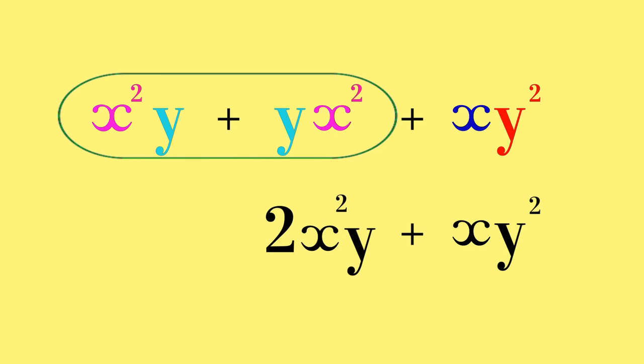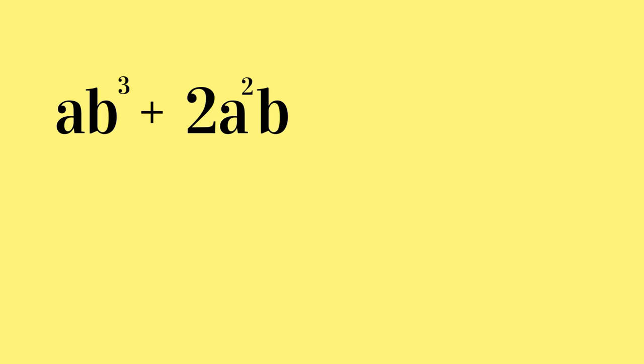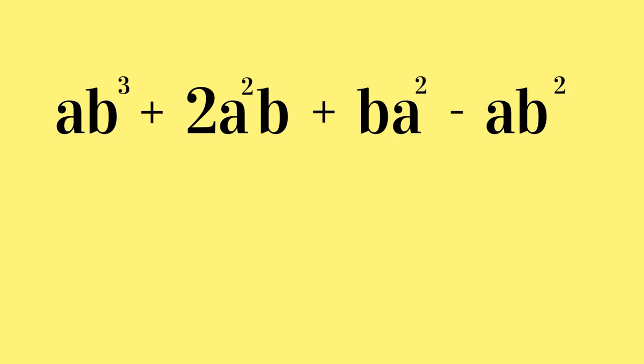Here is another example. If we had ab cubed add 2a squared b, add ba squared, subtract ab squared. To simplify this expression, we need to check if any of the terms have the same variables raised to the same powers.